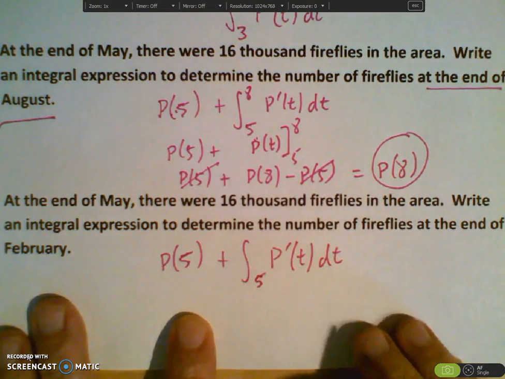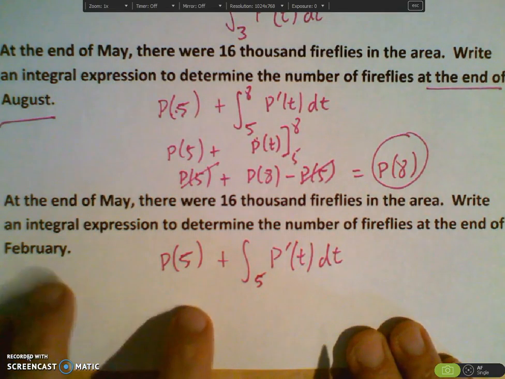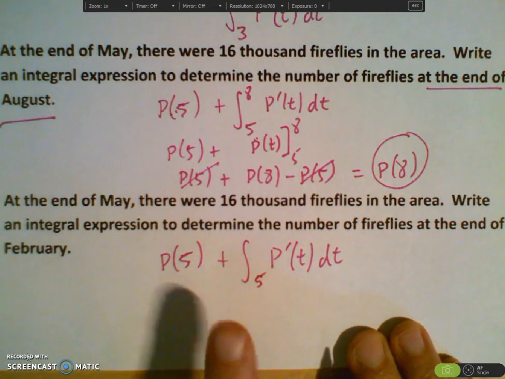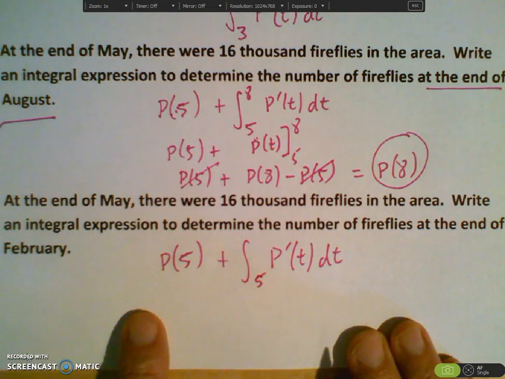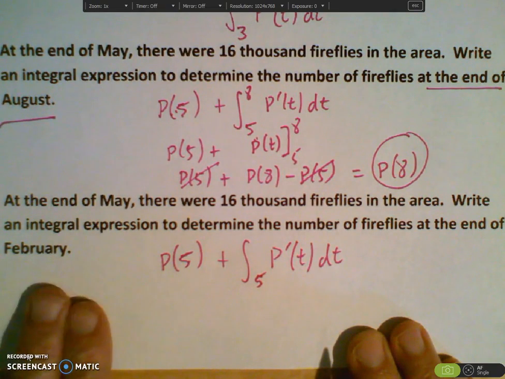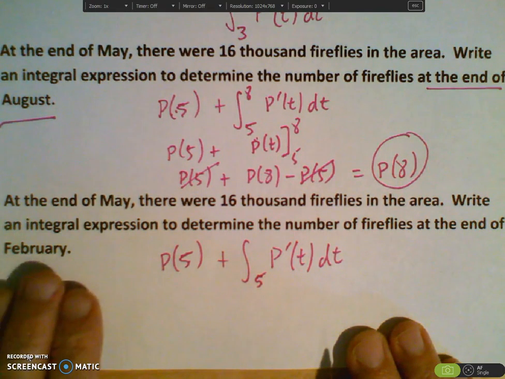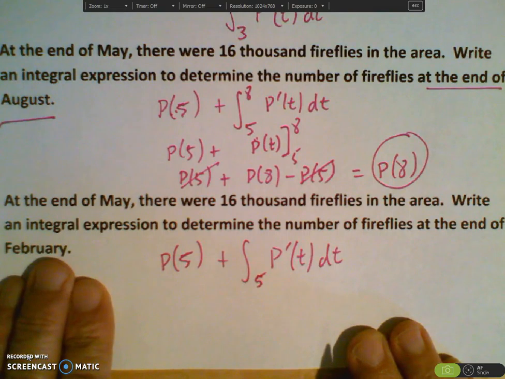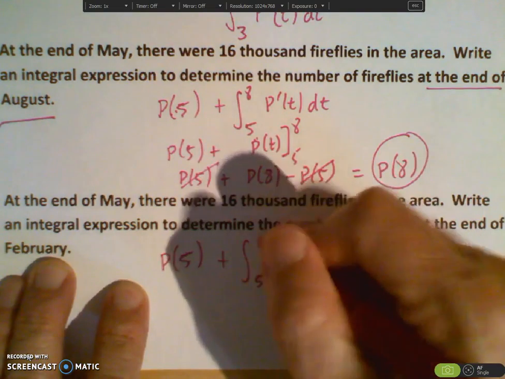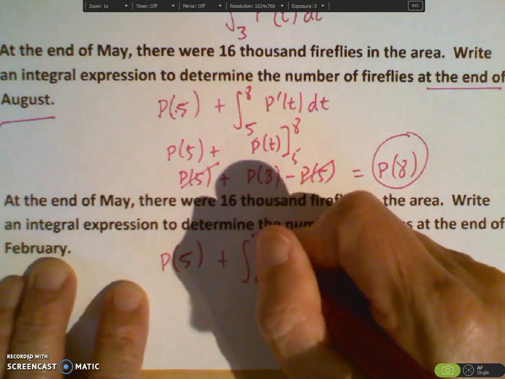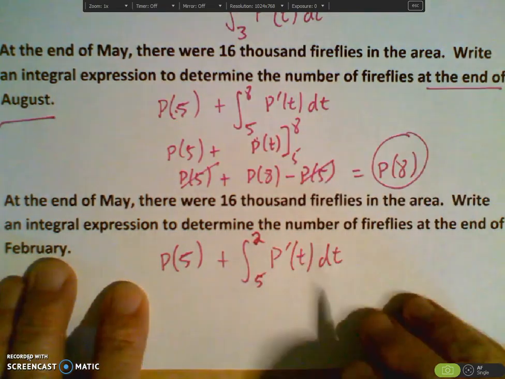And then I need to think about counting backwards, I suppose. The end of May, so I need to go backwards through May, backwards through April, backwards through March, and then if I go backwards all the way through March, I've arrived at the end of February. So I need to go backwards 3 months. So 5 minus 3 puts me at 2.